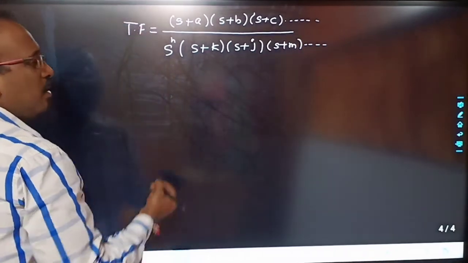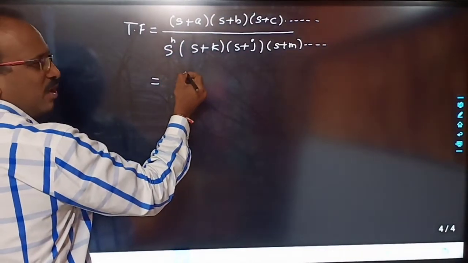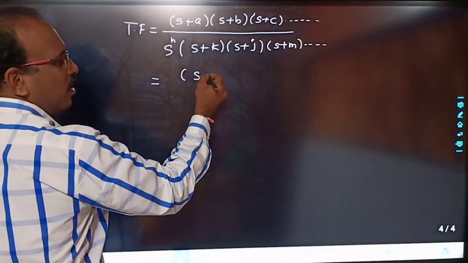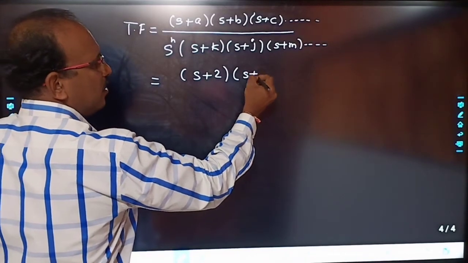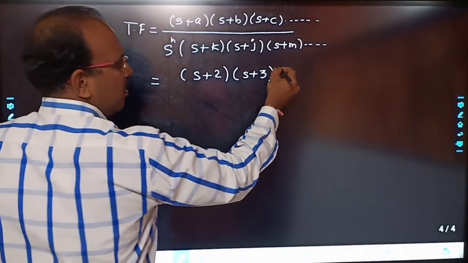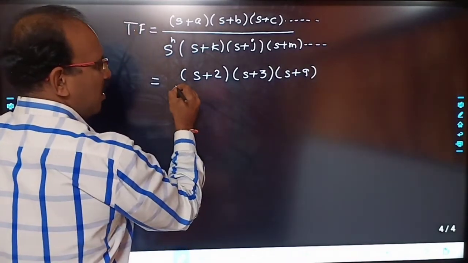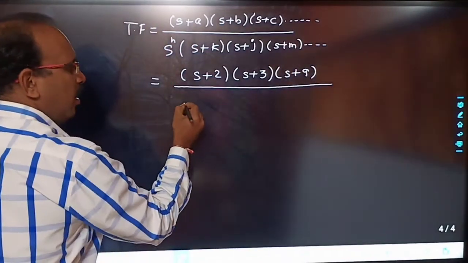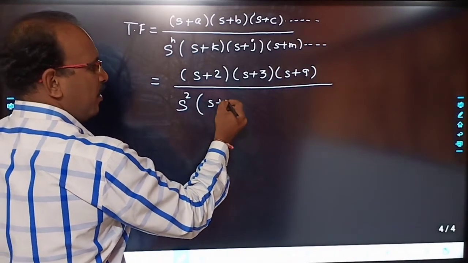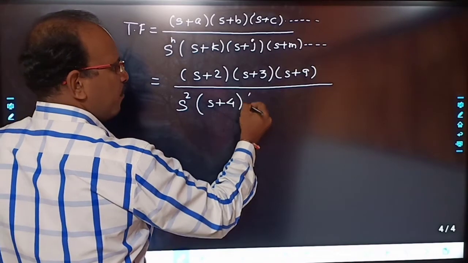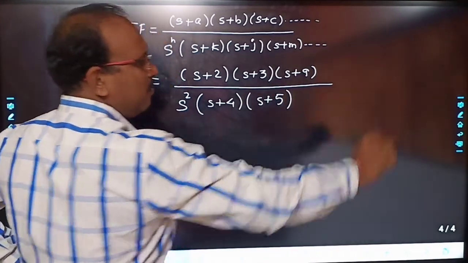Correct? What is a real example? Real example I can write. Transfer function S plus 2, S plus 3, S plus 9, like this, upon S raised to 2, S plus 4, S plus 5, enough.